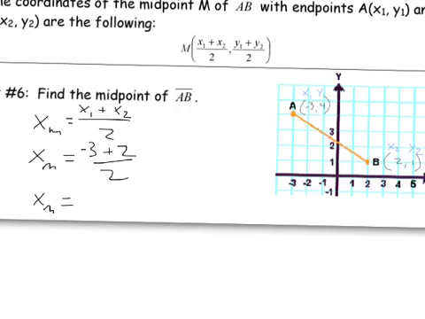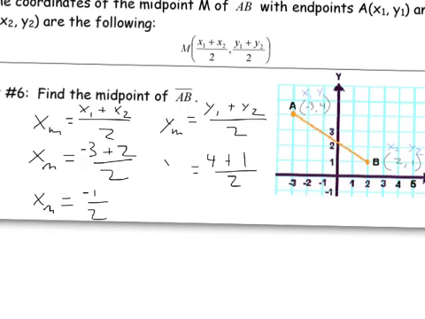xm equals -3 plus 2 is -1 over 2. So there's my x coordinate, -1/2. Let's do the y now. ym equals y1 plus y2 over 2. Well, y1 is 4, and y2 is 1, all over 2. ym equals 4 plus 1 over 2, so ym equals 5 over 2.